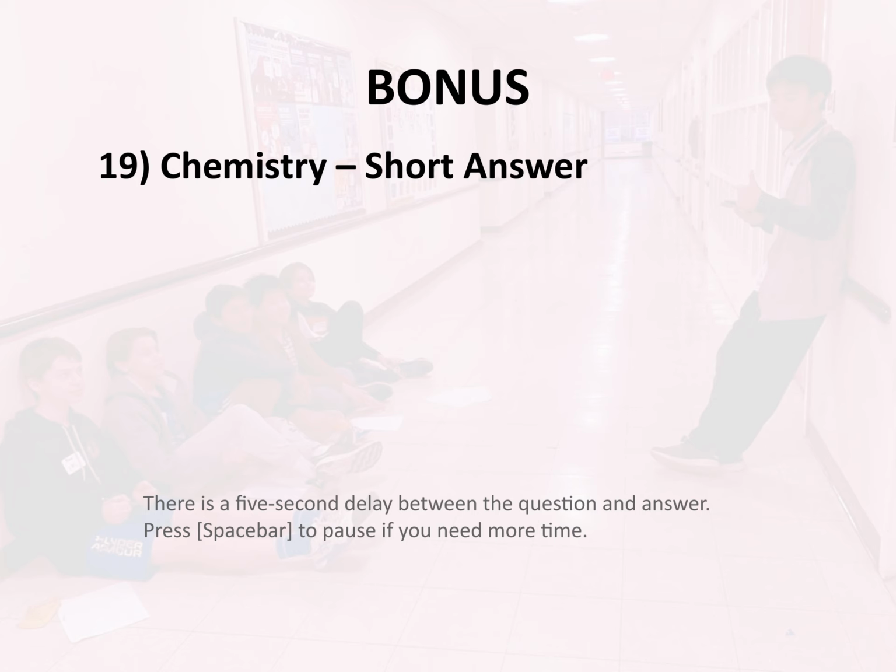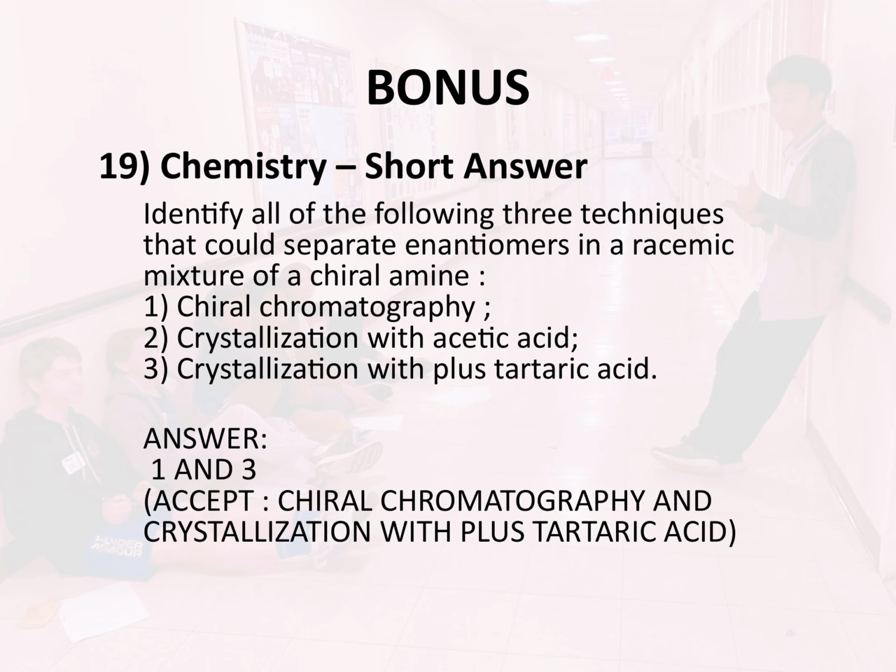Chemistry, short answer. Identify all of the following 3 techniques that could separate enantiomers in a racemic mixture of a chiral amine. 1. Chiral chromatography. 2. Crystallization with acetic acid. 3. Crystallization with plus tartaric acid. Answer: 1 and 3.